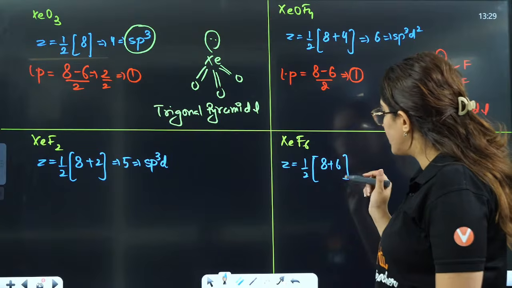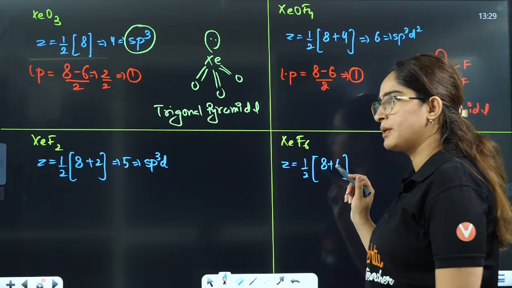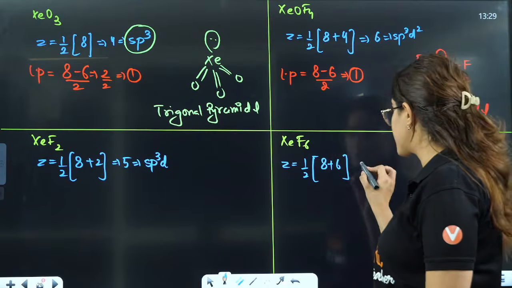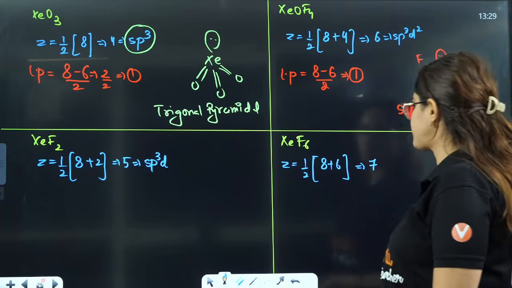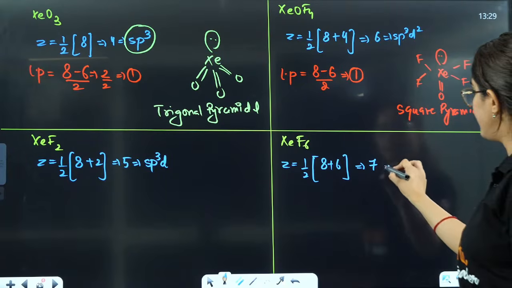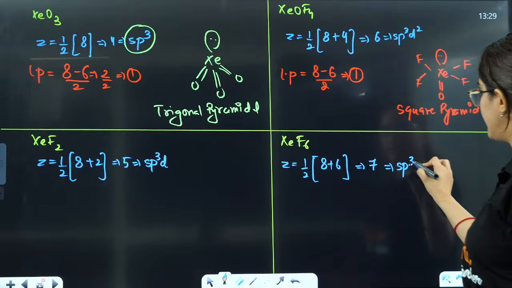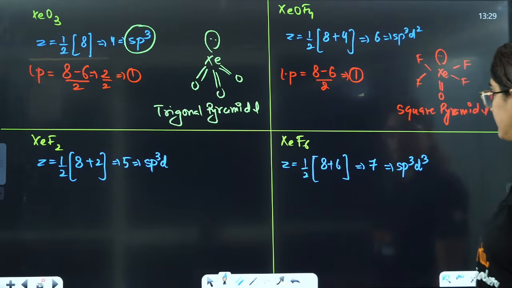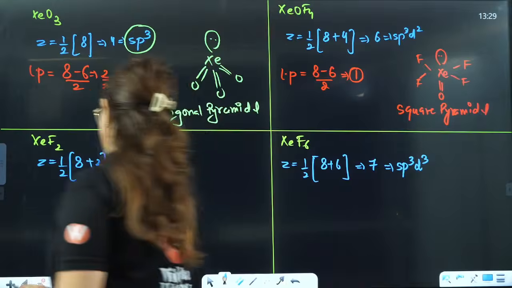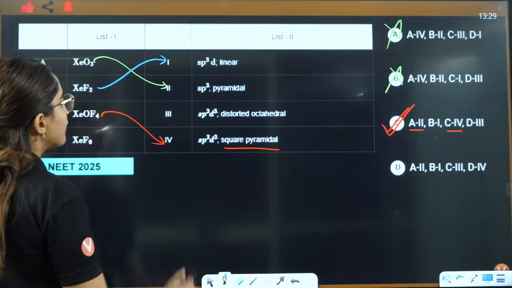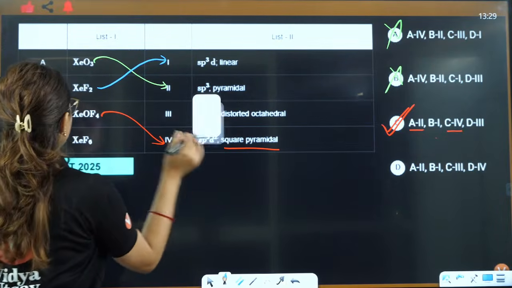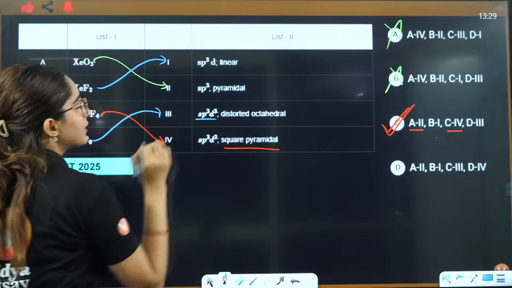So 8 plus 6 is 14, 14 by 2, it will be 7. So it will be sp3d3. So yes, we have one option, right? So here this is going to be sp3d3.